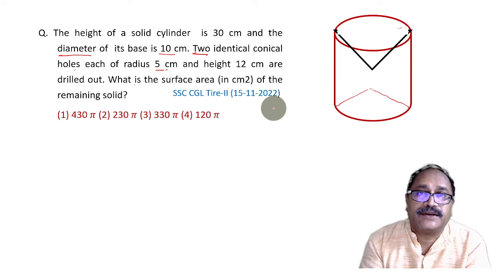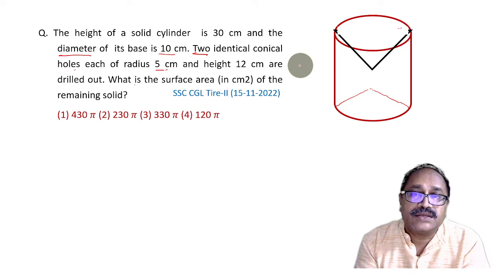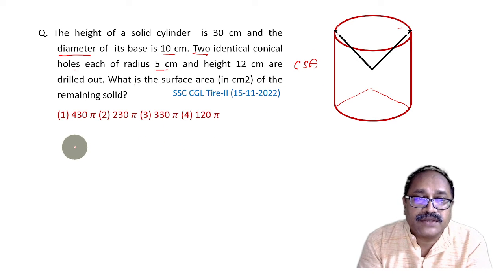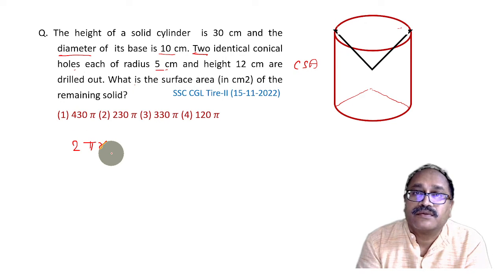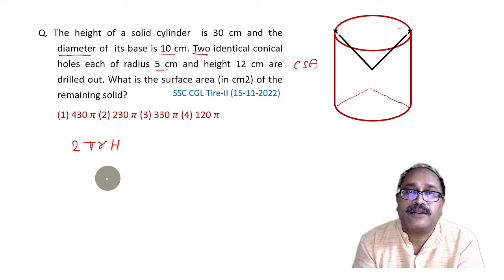So let's answer it. I'll find out the outer part of the area, that is the curved surface area of the cylinder, and the curved surface area of the cylinder is equal to 2 pi r into h. Let's consider this h in capital.